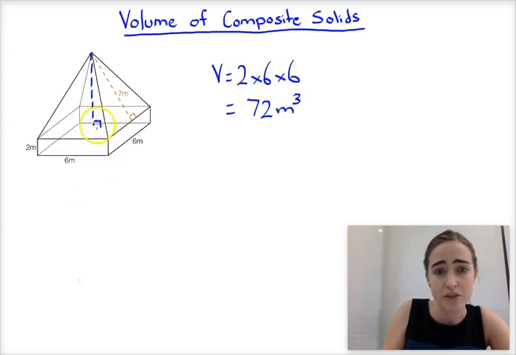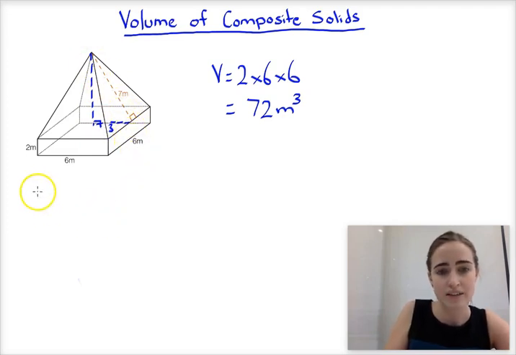So what we can do is actually use Pythagoras' theorem. If we know that the length of one side of the base of that pyramid is 6 metres, then this length from the middle out to one edge would be 3. And we know that that hypotenuse is 7.